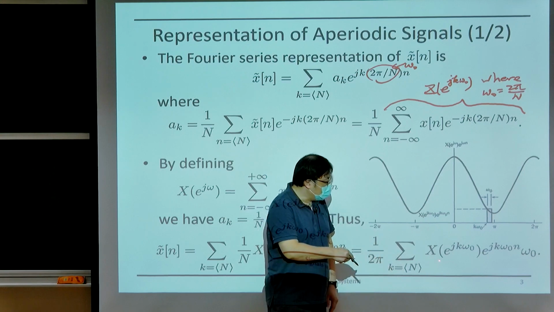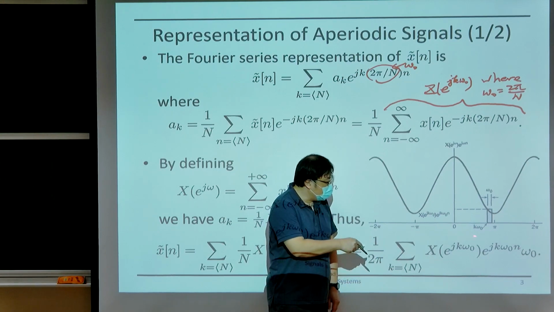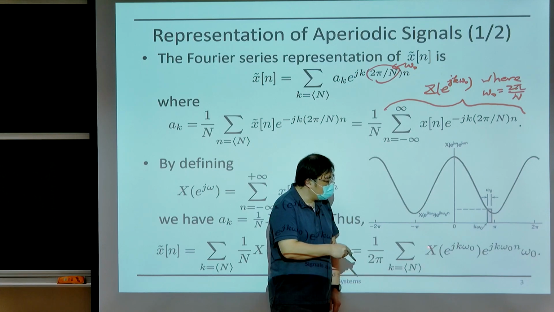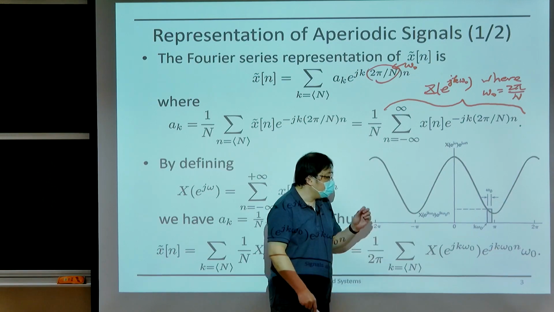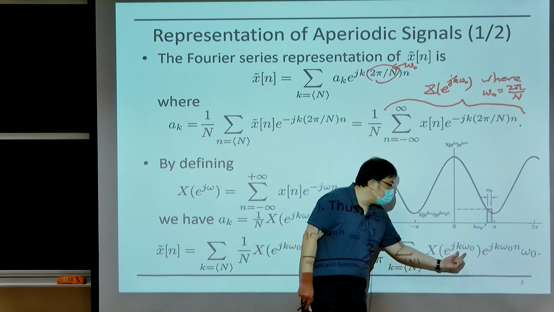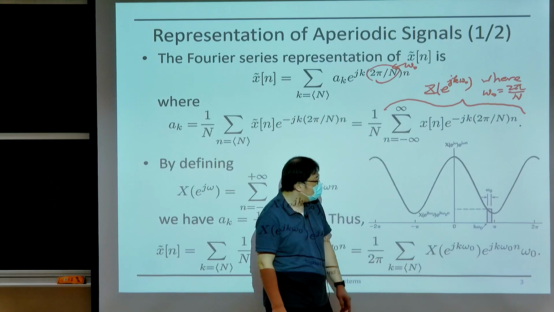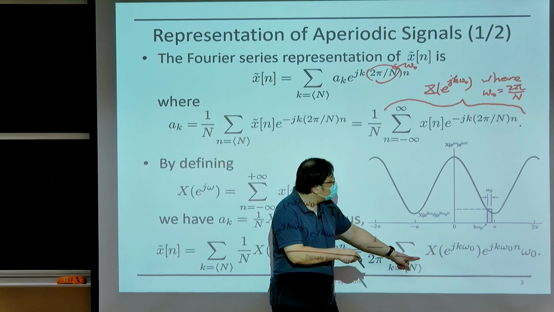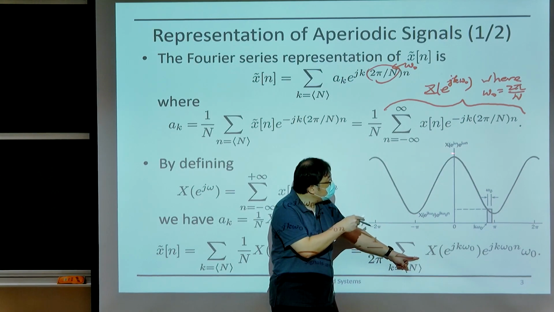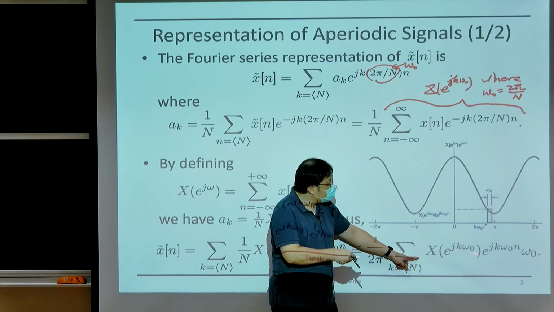So if you look at this particular value here, right? This is the function X of e to the j omega times e to the j omega n evaluated at the point where omega is k omega naught. Okay? So this term is essentially this function here evaluated at the point k omega naught.